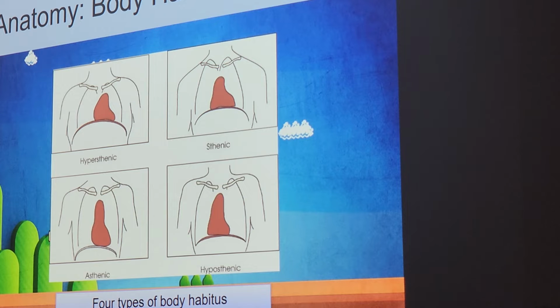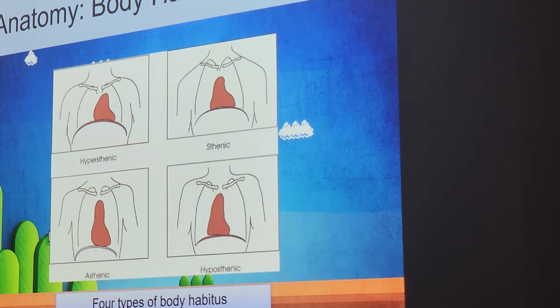Now, sthenic, that's your average body shape. The general rule for sthenic patients is for males, you still want to do crosswise because males are typically more broad. Females, you want to stick with your lengthwise cassettes. That's for your sthenic, your average body habitus. Now, asthenic, what's that referring to? Very skinny, right? What happens to the lungs and heart?